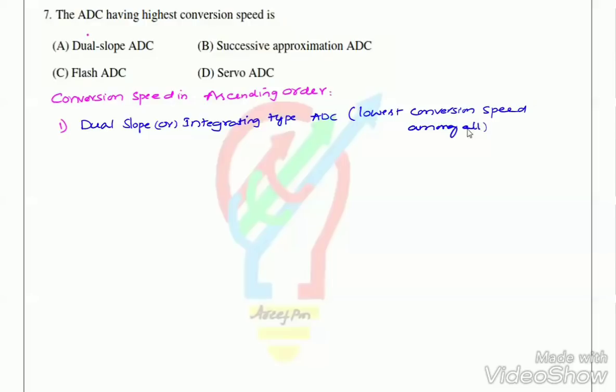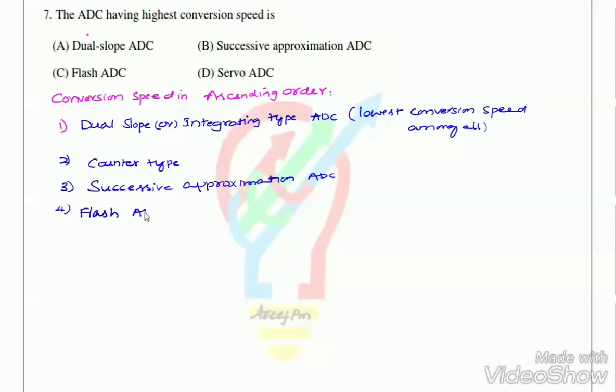among all. And next one, second one, counter type. And third one we have successive approximation ADC, and the fourth one is flash ADC or parallel ADC.